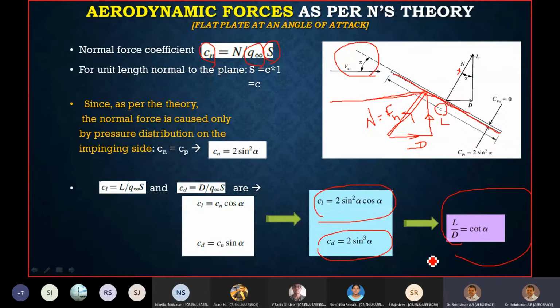So all that we have done in the discussion pertaining to this slide is resolving the normal force in the lift and drag directions, and then extending the formulation that we had to calculate L and D and the ratio of L by D. So no new physics introduced here.